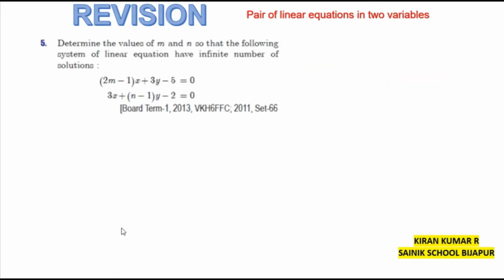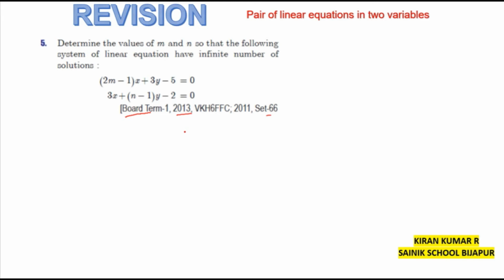Question number 5. Determine the values of m and n so that the following system of linear equations have infinite number of solutions. This was asked in 2013 board examination, set 66. So one of the important question.